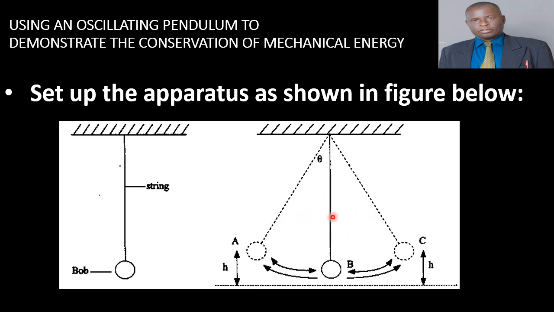There are air molecules. So as the body is moving this way, it is receiving an air resistance opposing it in the different direction. So that air resistance and the frictional force there will cause the body to eventually stop moving.